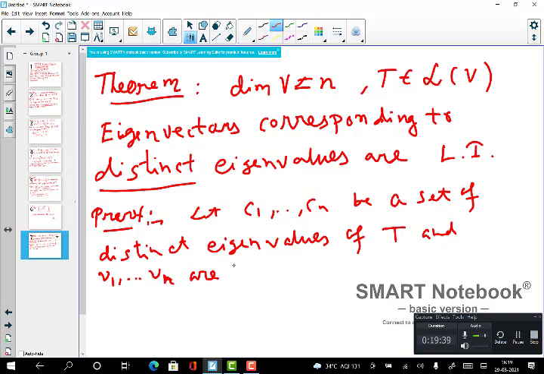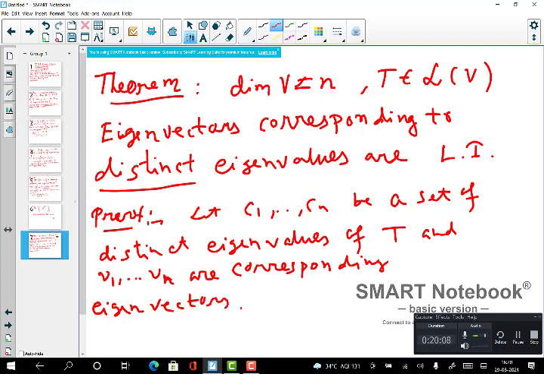Okay, means v1 is an eigenvector for eigenvalue c1 and so on, corresponding eigenvalues, vectors.